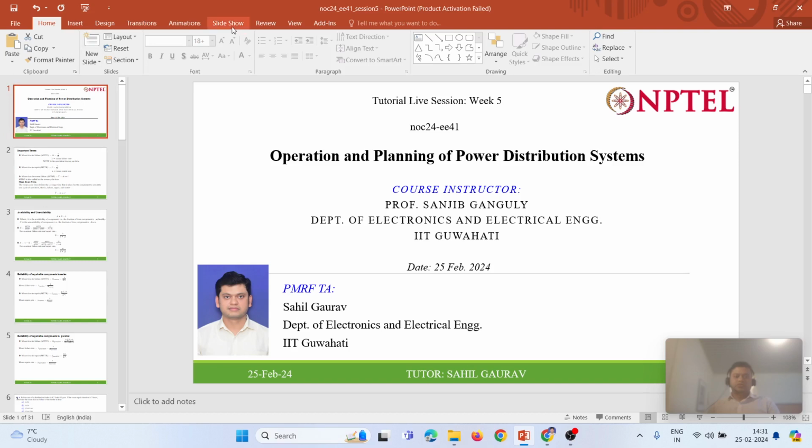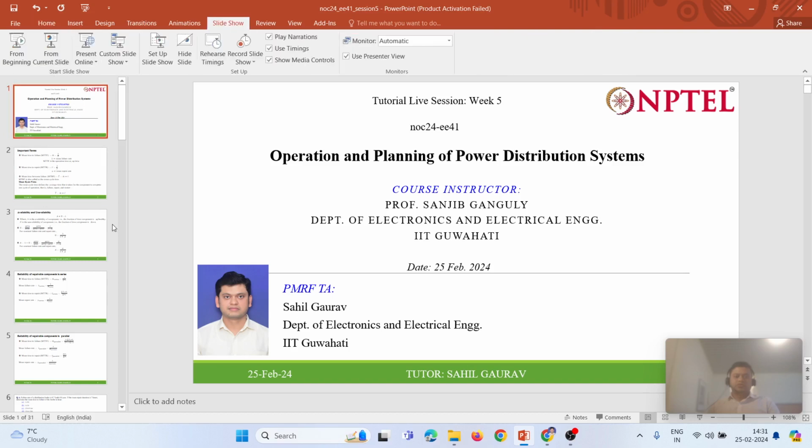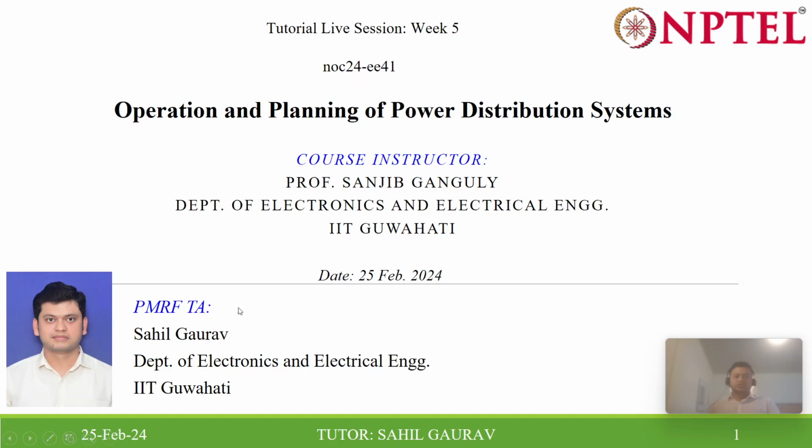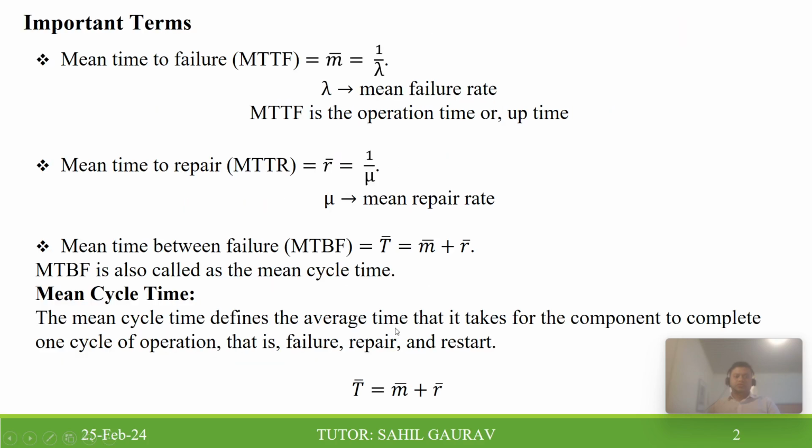Before we solve these problems, let us have a quick summary of the expressions and terms that will be helpful in solving them. These are some of the important terms: mean time to failure, mean time to repair, and mean time between failure.